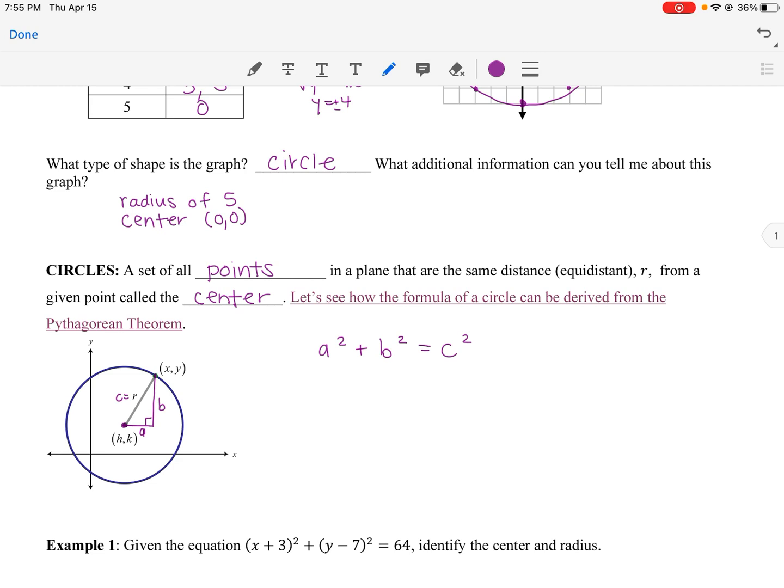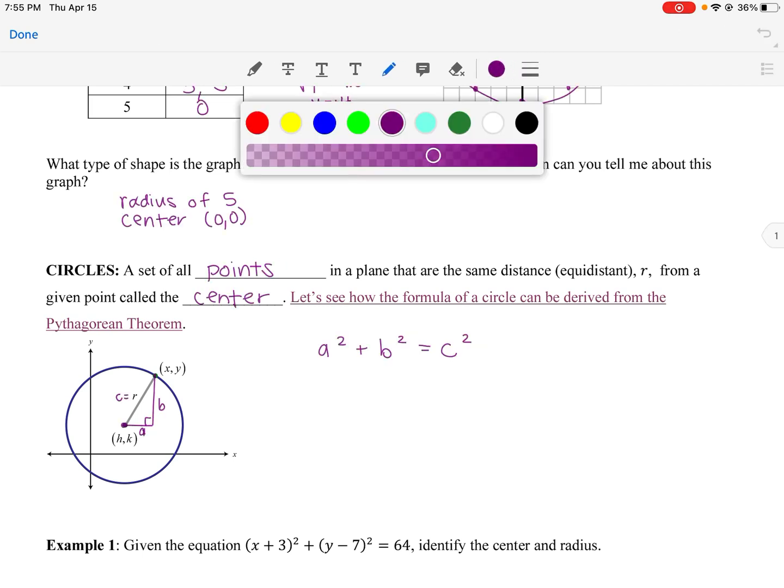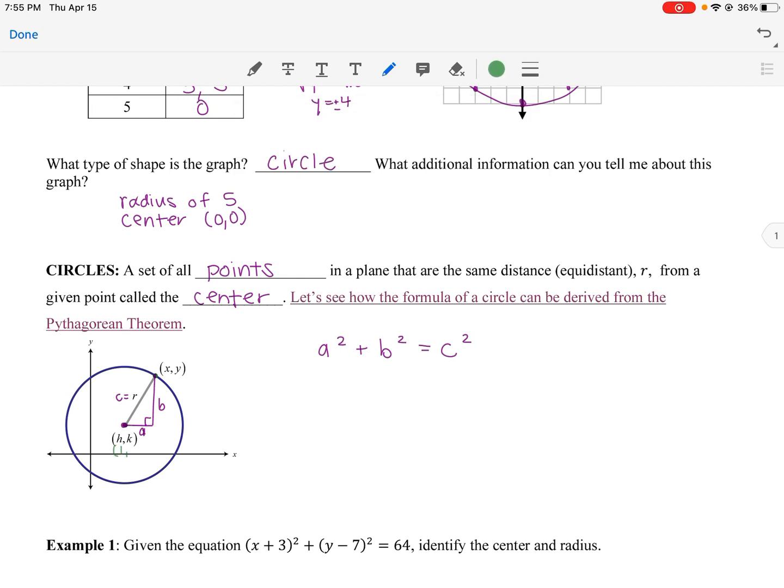And let's look at some things that we know here. Let's think about a. If we think about some values, like maybe I call this point (1, 2) and this point (5, 4), the distance of a is the difference of these x values. I would look at 5 and 1, so 5 minus 1 gives me a distance of 4.